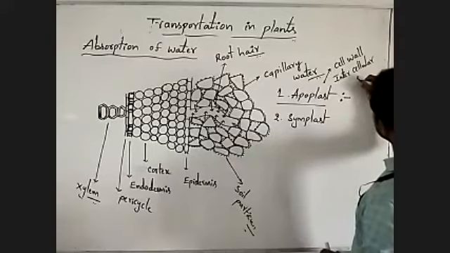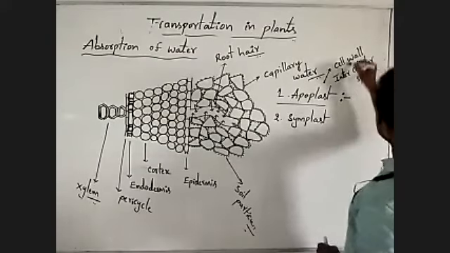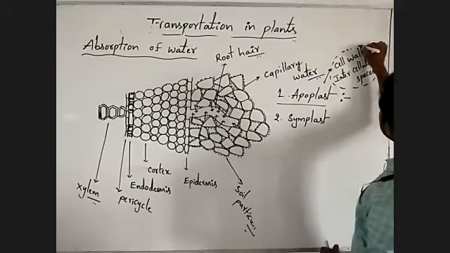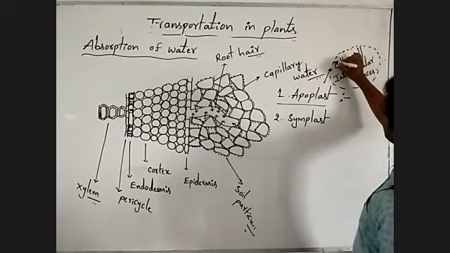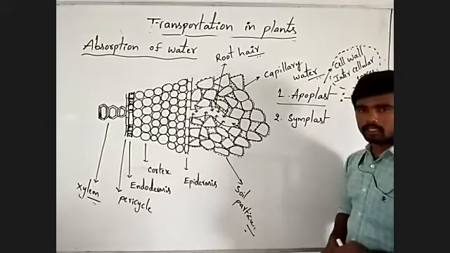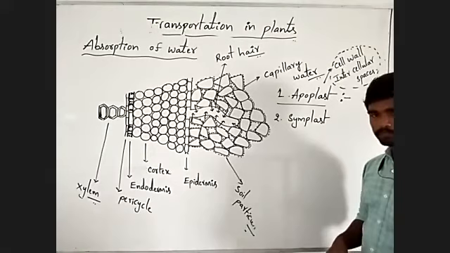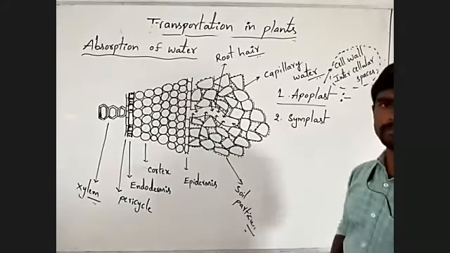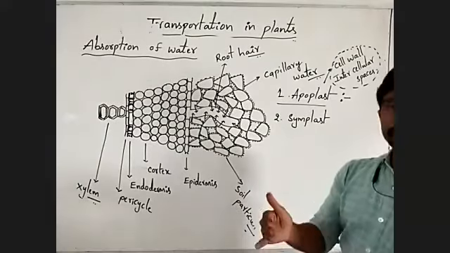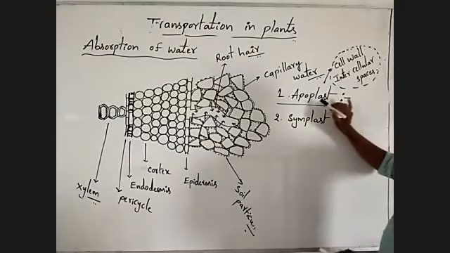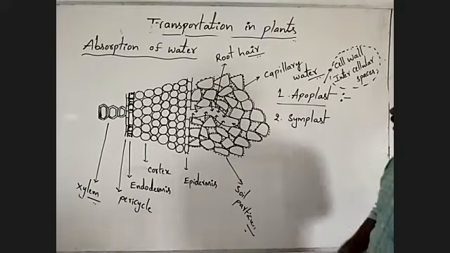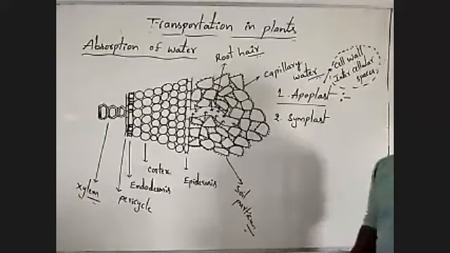Cell walls of all cells and intercellular spaces collectively form an outer space system. That system is apoplastic system or apoplastic pathway.